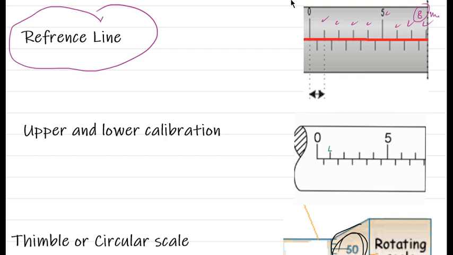And after 8, is there any division which we can see in the fractional part? No, there's no division. It means what will be the main scale reading, which is visible, which you can see, you have to count what you can see. So this is 8. So the main scale reading will be very simple, 8 millimeter.